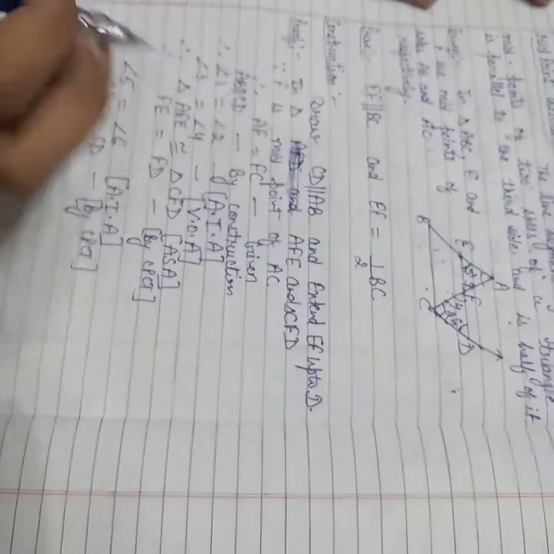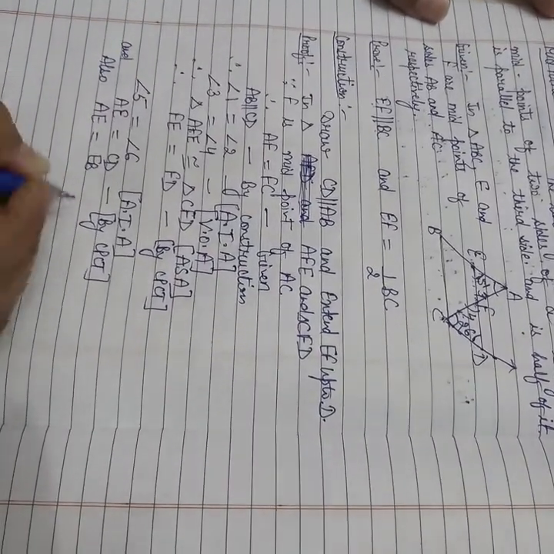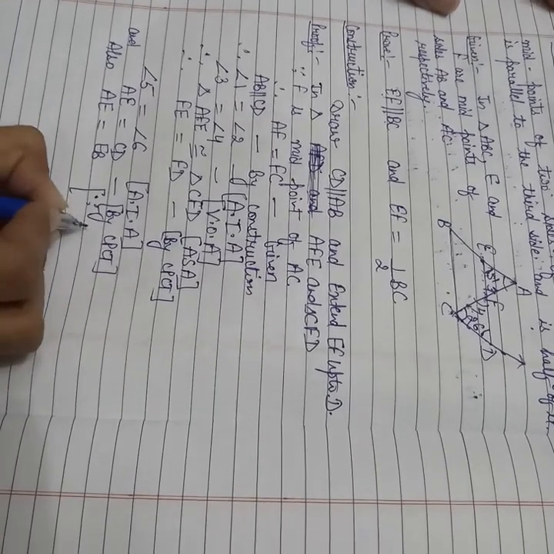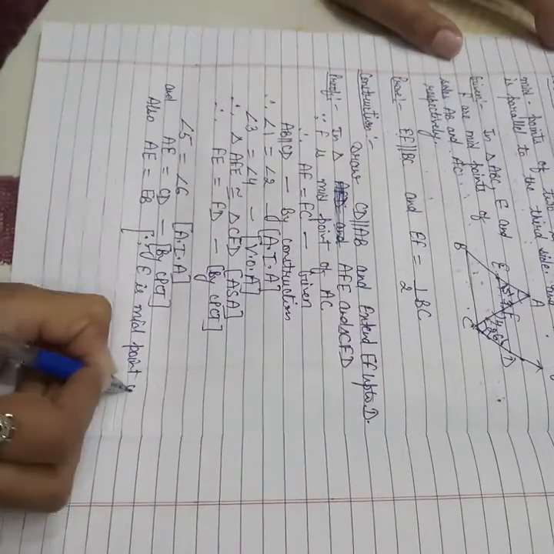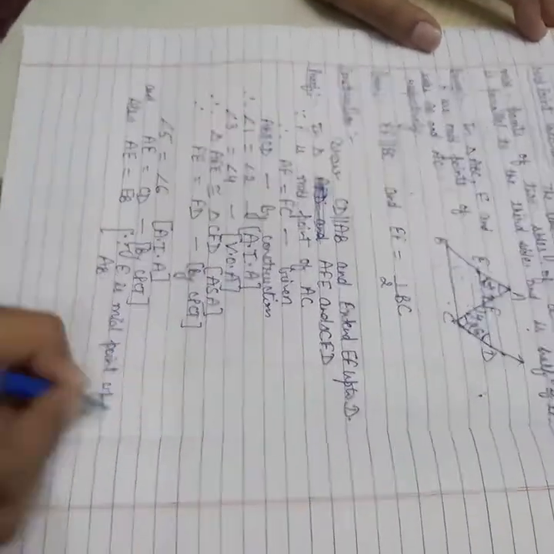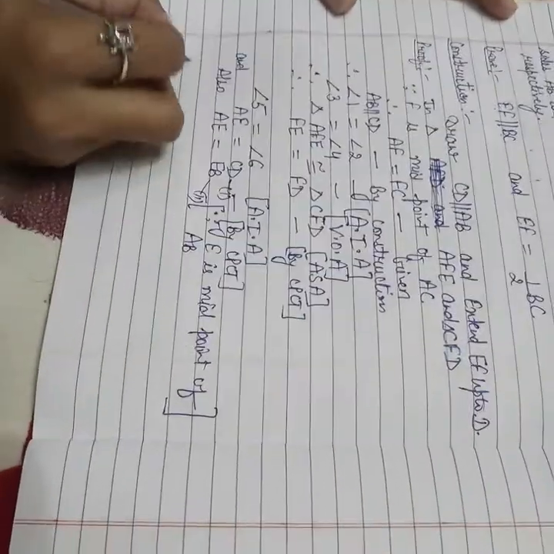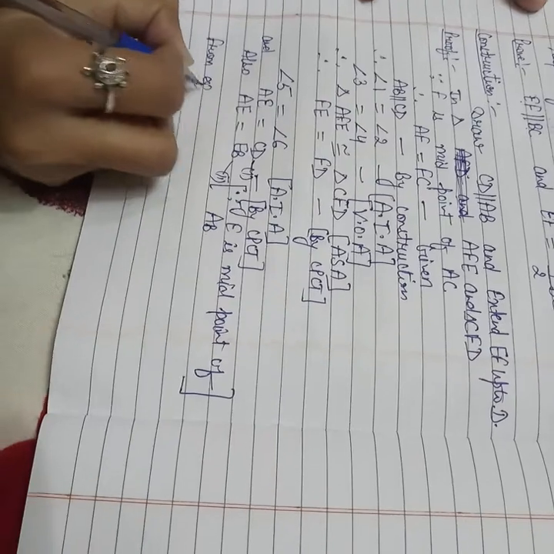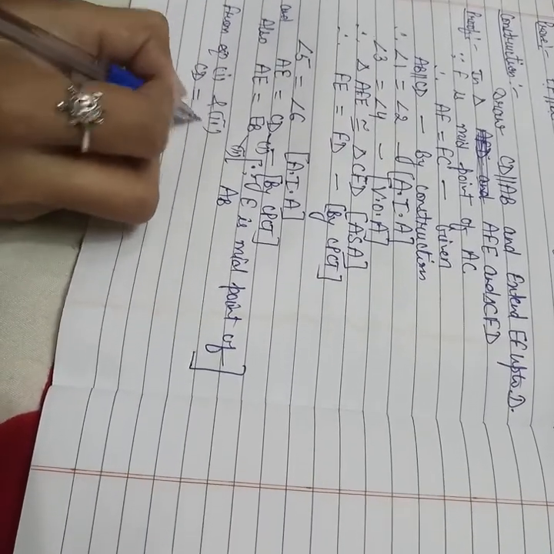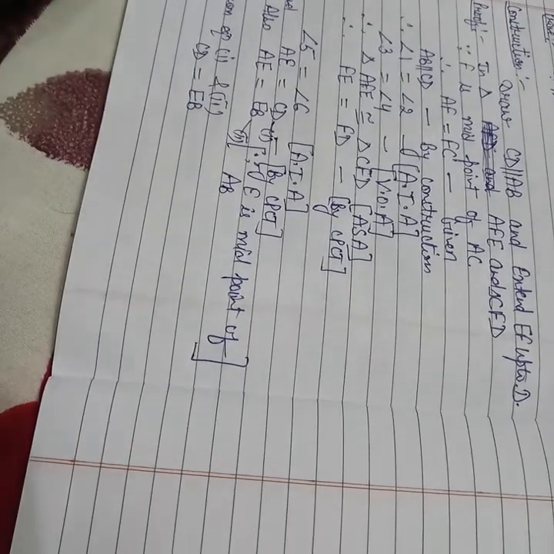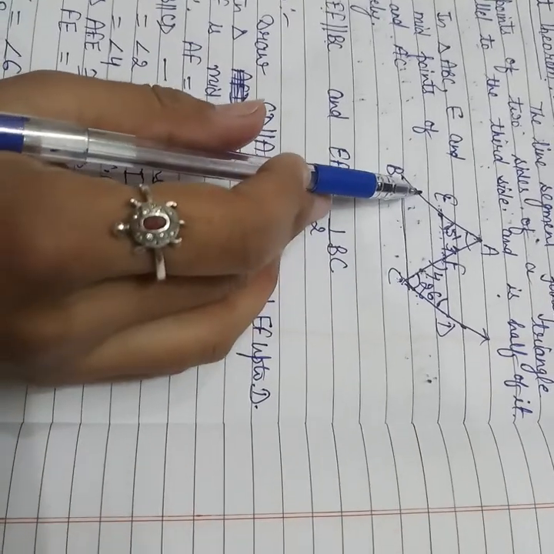Also AE equals EB because E is the midpoint of AB. Let this be equation first and this equation second. From equations first and second, CD equals EB.